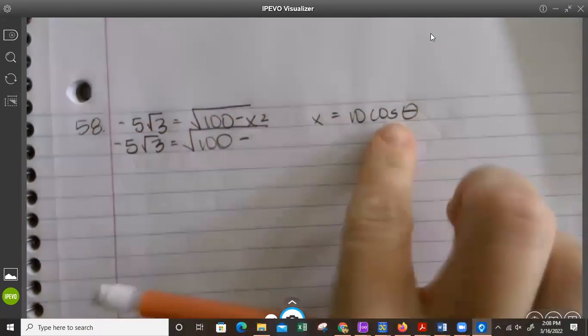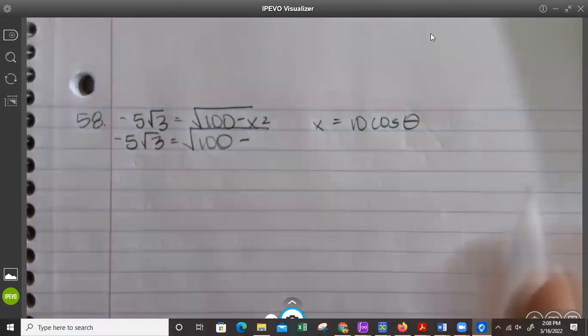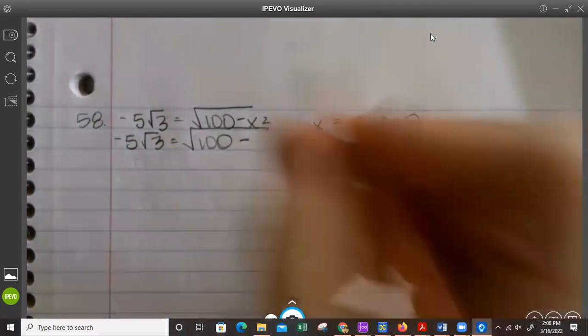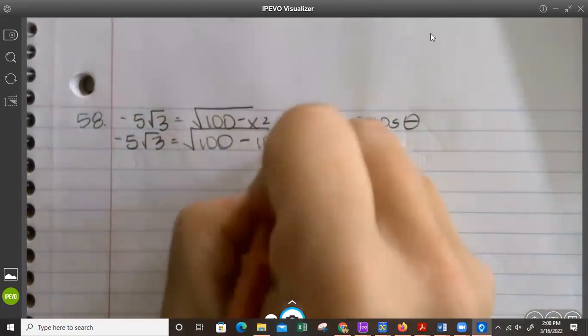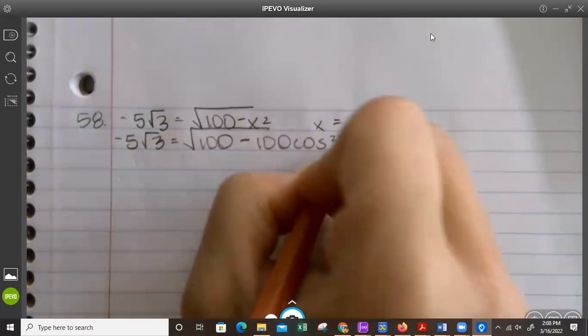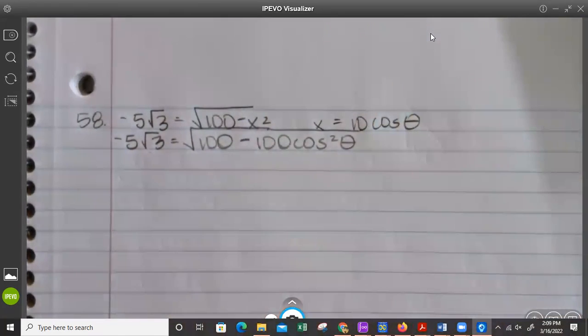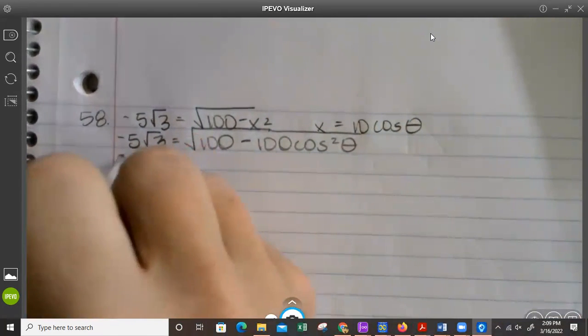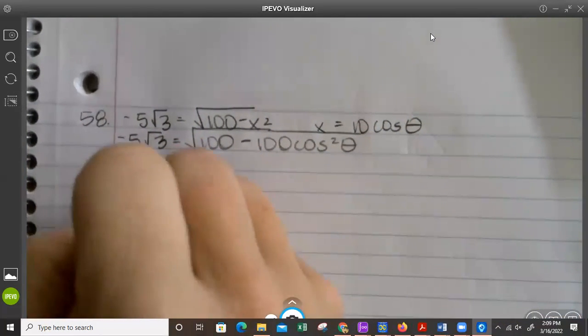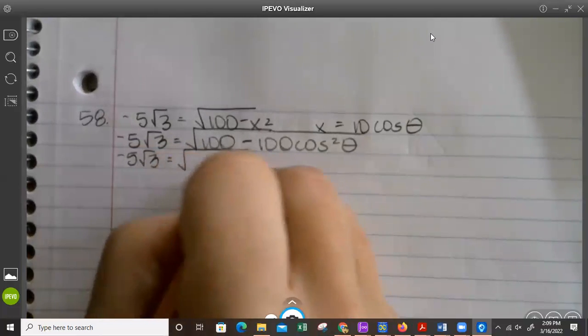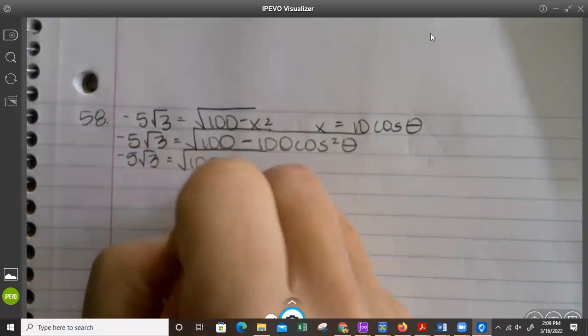100 minus square this, what do I get? Ten squared is 100, cosine theta squared is cosine squared theta. What do you notice about them? They both have what? Yep, just like the last one, they both have 100.